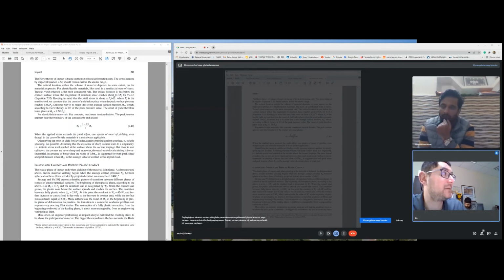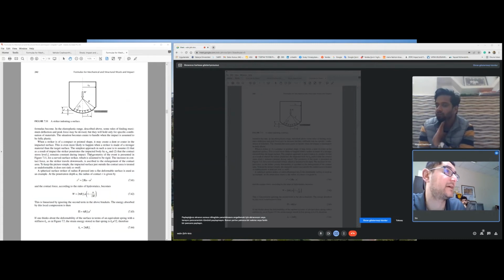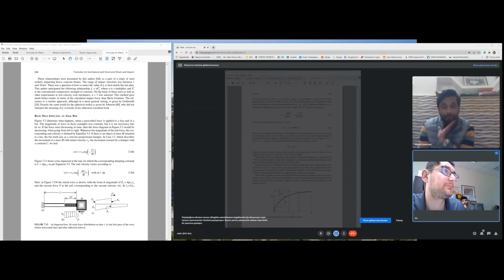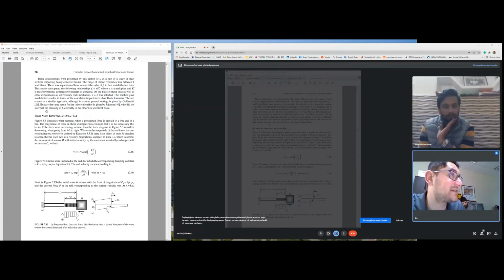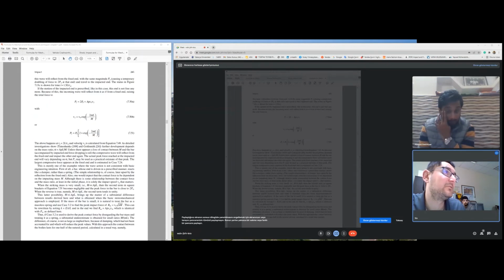Look at here, elastoplastic contact and perfectly plastic contact. It also has given this info too. Rigid mass impacting, as I said, this one. This is the main focus area of this study. Look at here. So maybe just this one will be enough for the initial paper.